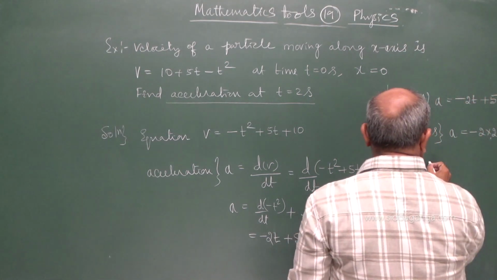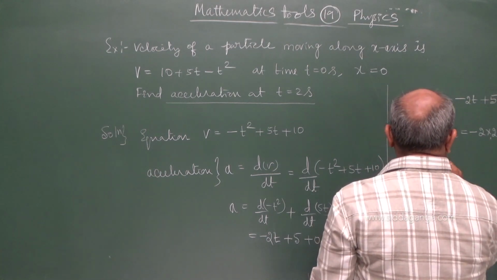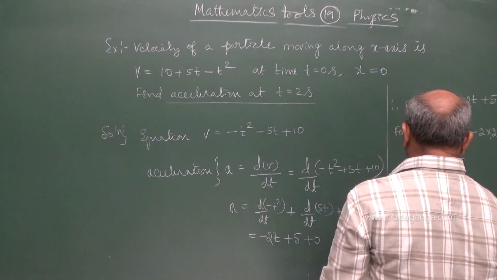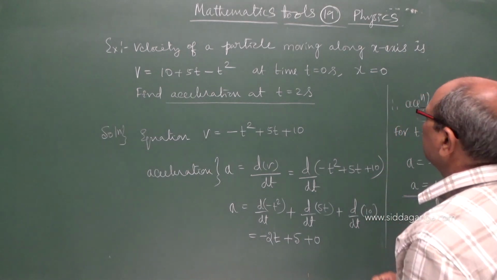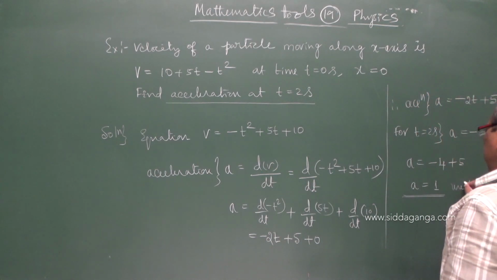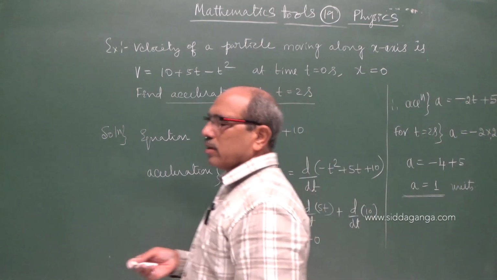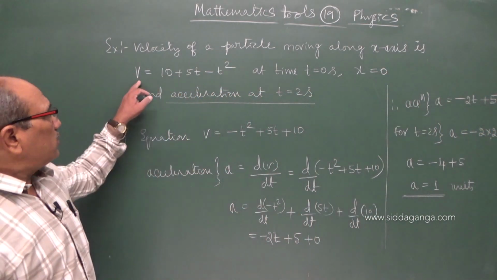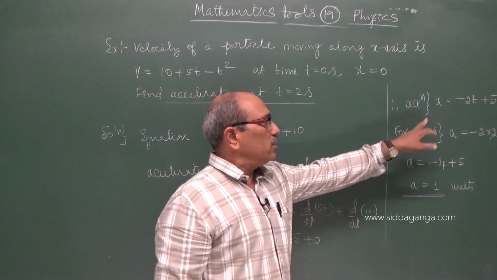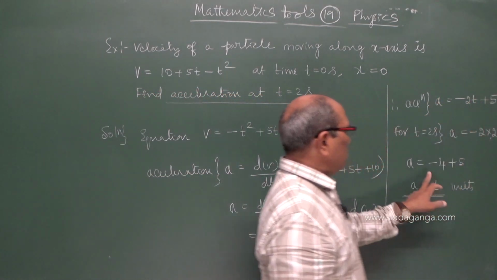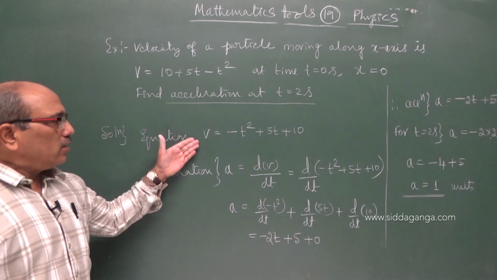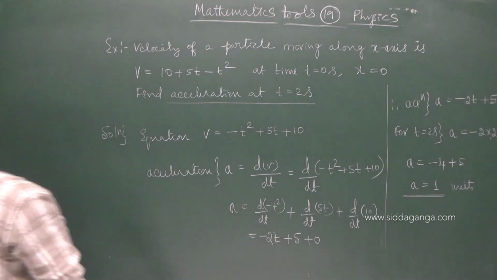So minus 2 into 2 is minus 4 plus 5, A is equal to 1. The unit is not mentioned, so units maybe. The velocity is given, you have to find the acceleration for that. At t equal to 2 second, you substitute for t, you got the answer as 1 unit. I think you followed. Let us go to another one.